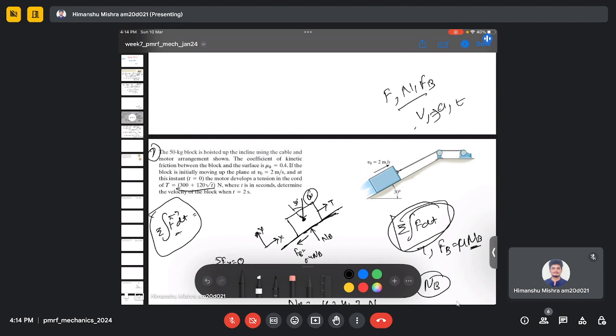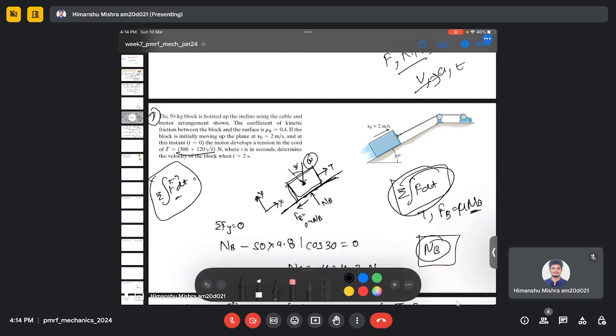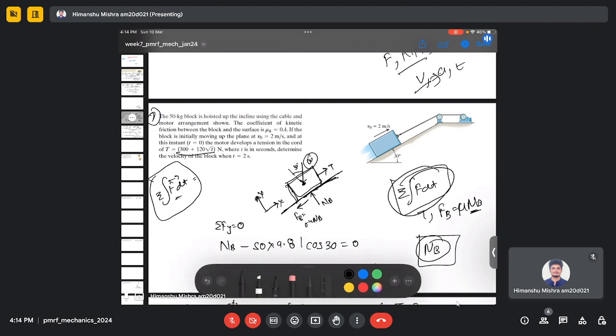So both things we can obtain using the conservation equation. But in both cases, first you need to be sure about the forces which are acting, and how to calculate the unknown normal force. In the previous example we used the conservation equation to calculate the unknown normal reaction. Here we use the force balance analysis only.